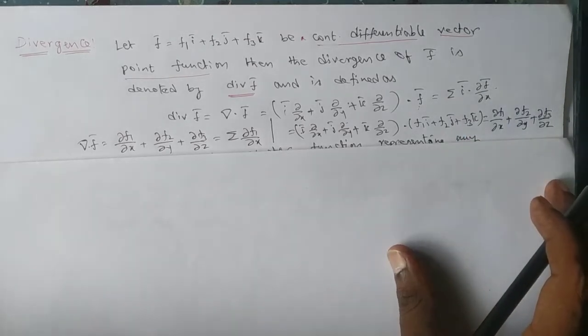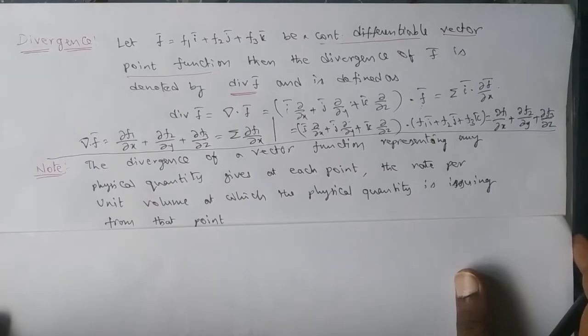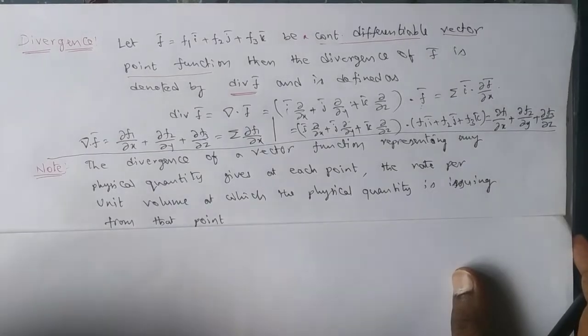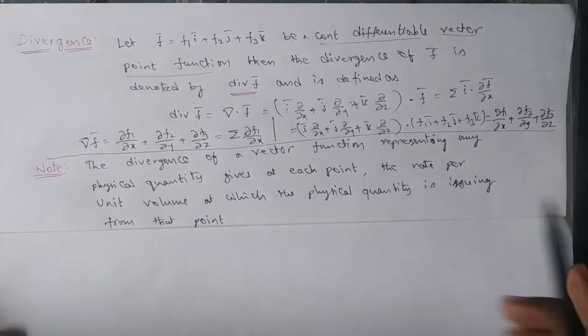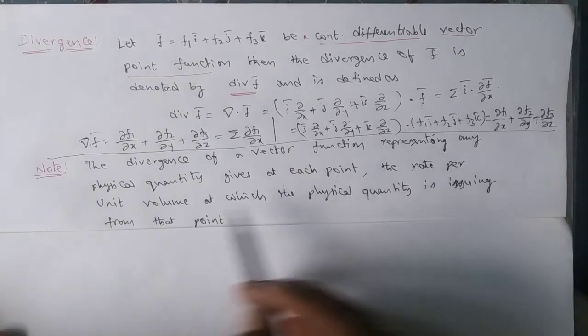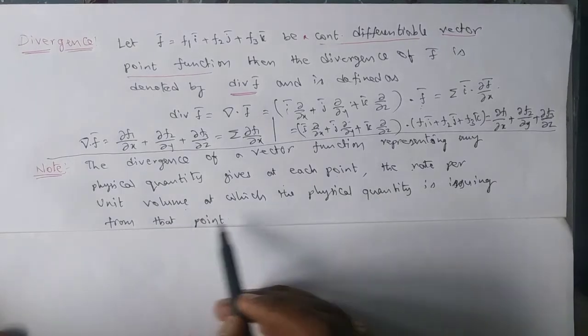Let us come to see the physical interpretation of this divergence of f bar. Suppose f bar is a vector function representing any physical quantity. Then the divergence of that vector function at each point gives the rate per unit volume at which the physical quantity is issuing from that point.